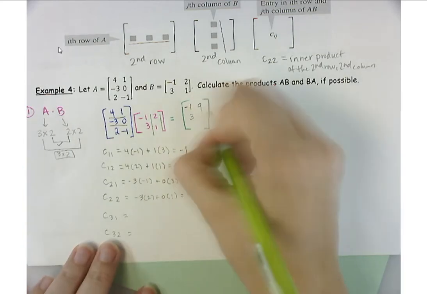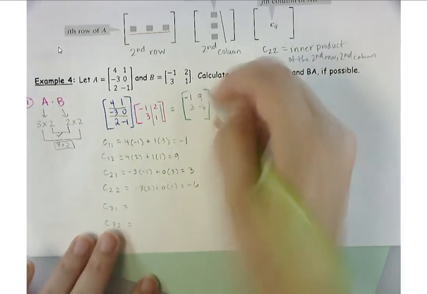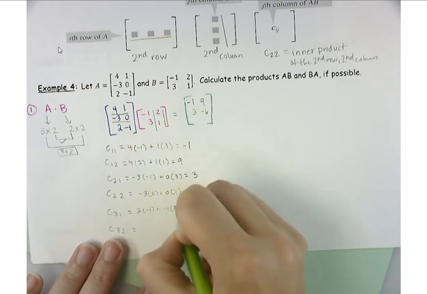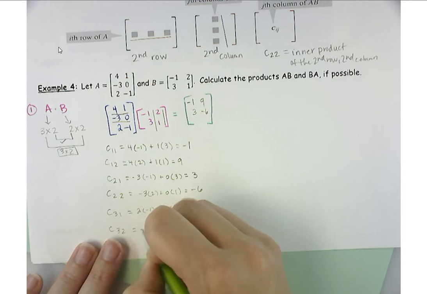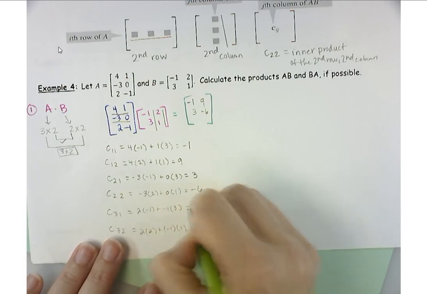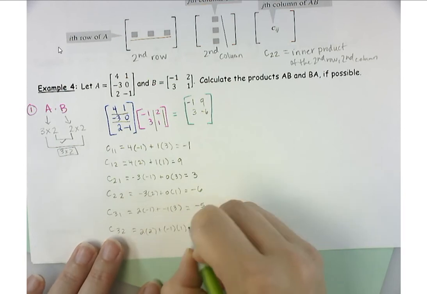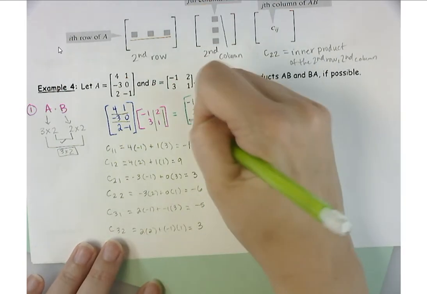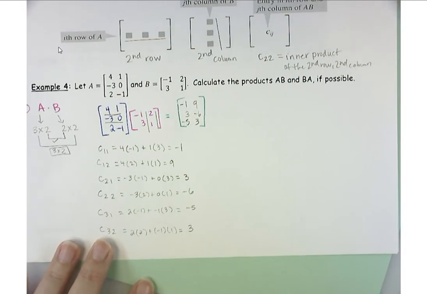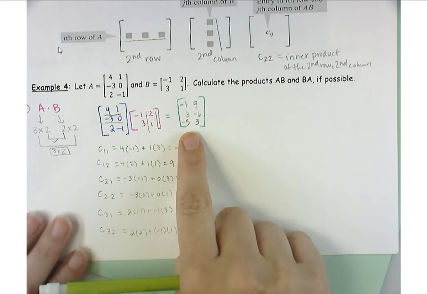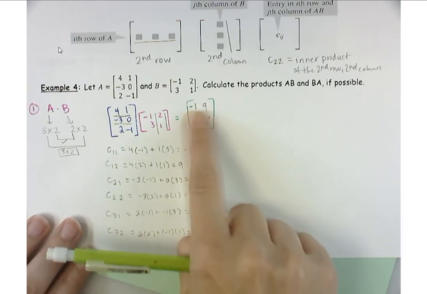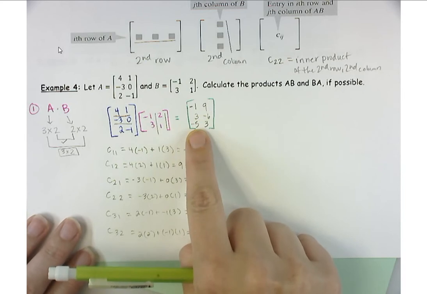So the second row is 3, negative 6. Okay, and then here you have 2 times negative 1 plus negative 1 times 3. And then the next one is 2 times 2 plus negative 1 times 1. Okay, so this will be negative 5. This will be 3. And that will give you your final row. Okay, so then this would be your final answer for A times B. Okay, so negative 1, 9, 3, negative 6, negative 5, 3.